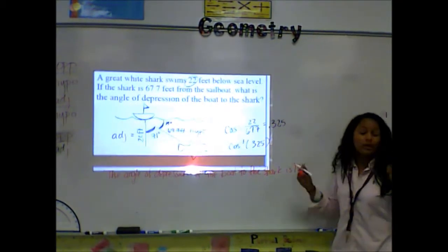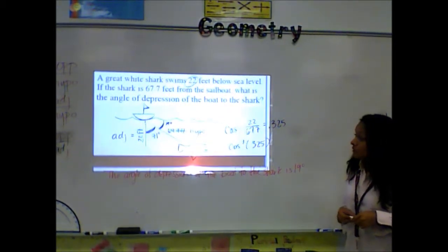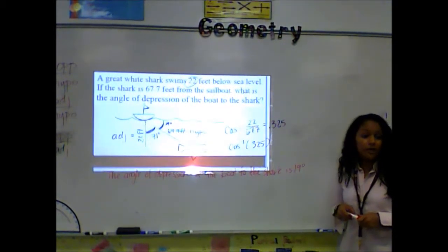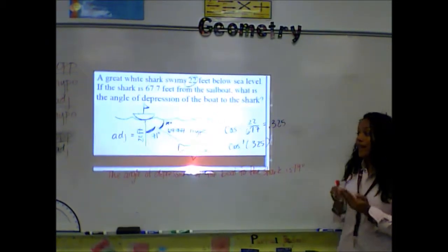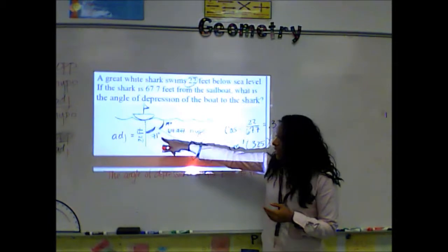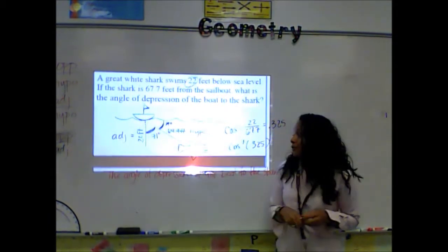The key on this one, and where most people might go wrong, is they might give me 71 instead of 19. Remember, the angle of depression is always outside the triangle. So you have to find the angle inside first, and then subtract it from 90 to get the angle of depression on the outside.